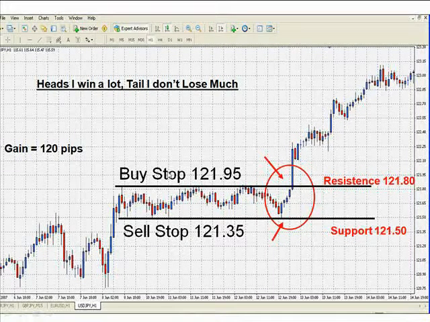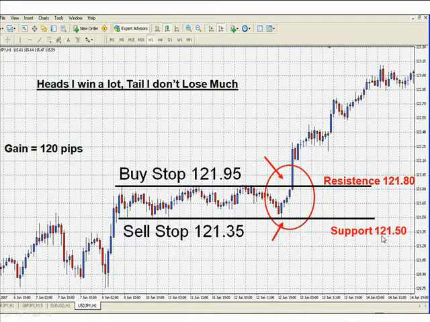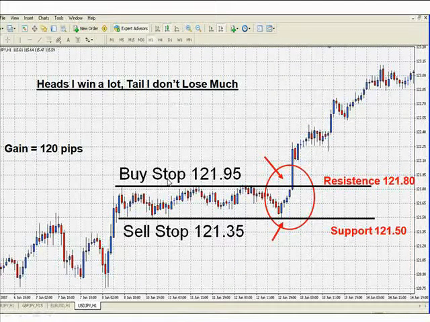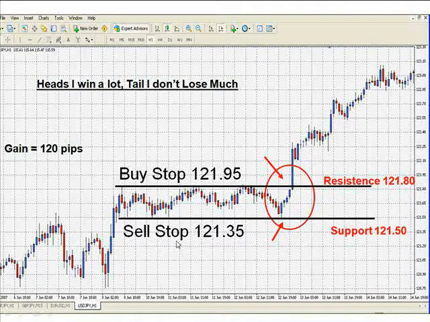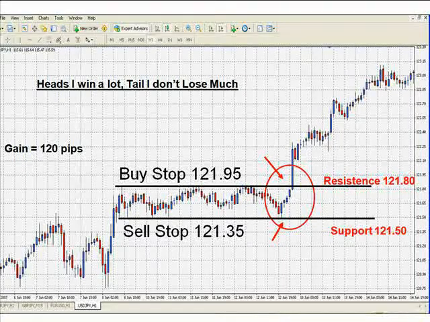Now what you do is you place a buy stop order 15 pips above the resistance line, which is 1.1080, which is 1.1095, and 15 pips below the support, which is 1.1050 minus 15 pips, which is 1.1035. You place a buy stop order and a sell stop order. A buy stop order and a sell stop order is different from a buy and a sell order.